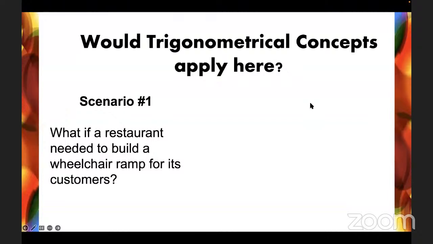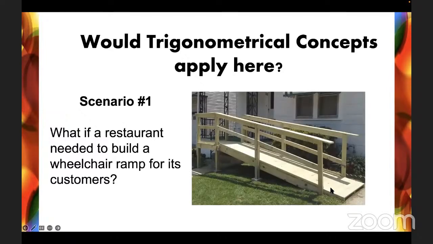All right. So let's just get back to the presentation. We are going to end shortly for your lunch break, and then we will come back. So here we go. I'm just going to go through these. So here's your ramp. And yes, we can definitely use trig ratios. Let us look at how we would form that.